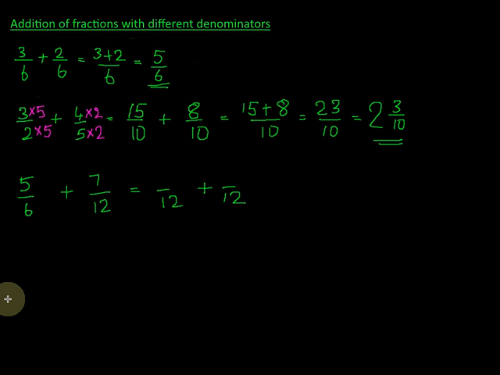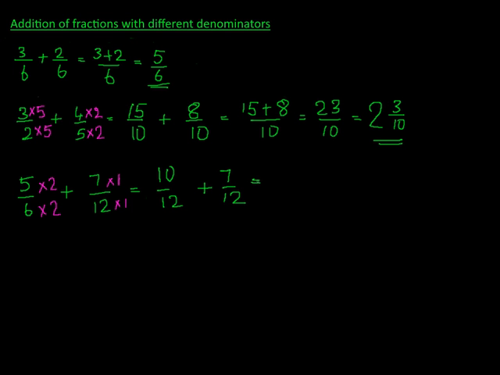We have to multiply by 2 here, so I have to multiply the numerator by 2 as well. Now how much I have to multiply here is 1, because that itself is 12. So that is 5 times 2 is 10, plus 7 times 1 is 7.